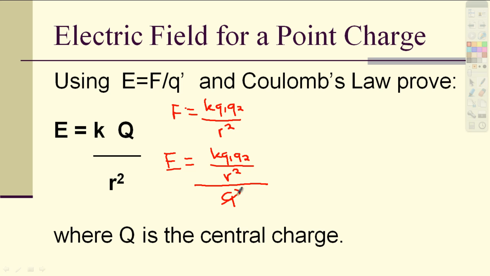So your Q prime cancels out with your test charge over here, and we're just left with E equals K, and we're going to call Q the central charge, not the test charge. So one of these is central and one of these is test. We're calling Q2 the test charge. So this Q prime is the same thing as this Q2. And you're left with the R squared, which is the distance between them.